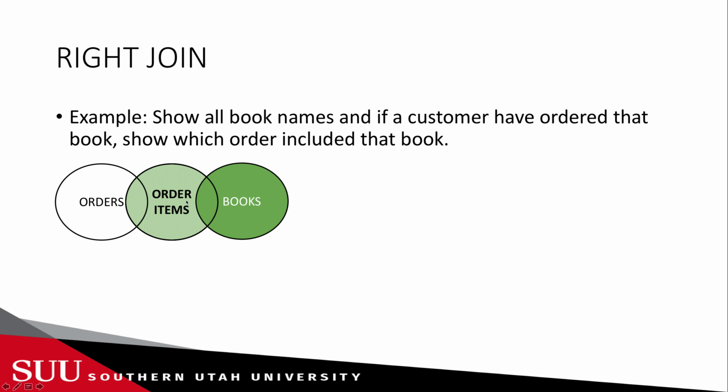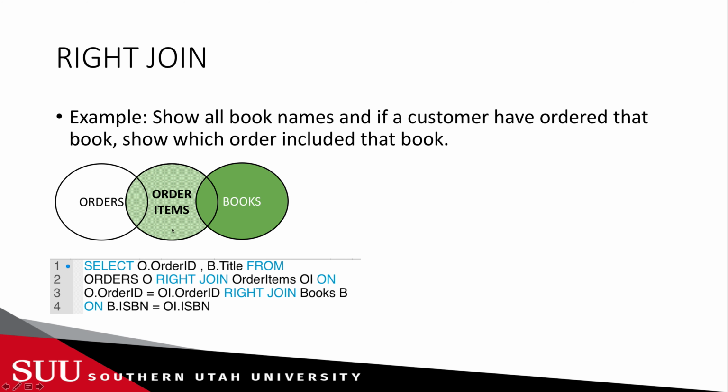And since I laid it out in right join order, I will have to follow the same order I placed in my hypothetical diagram. So I will select the order ID and the book title from, now I will start with the same order. So I'll start from orders and I will right join this with order items, and then I will right join this on books.